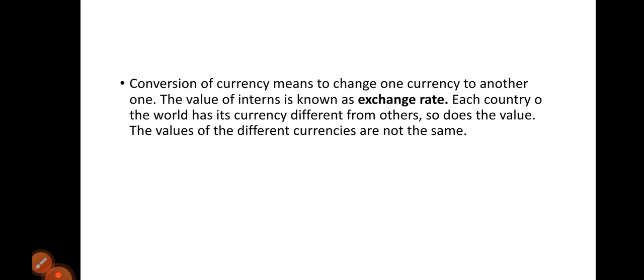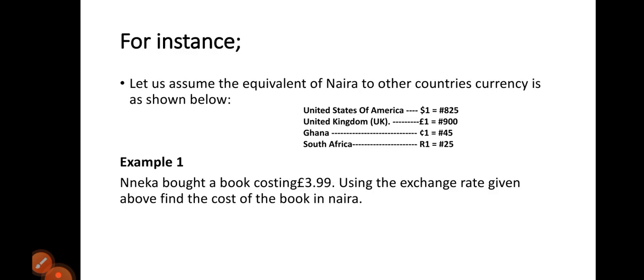Each country in the world has its currency different from others. So does the value. As the currency differs, that is how the value of the currencies differs. So the values of the different currencies are not the same at all. For instance, let us assume that US $1 is equal to 825 naira.